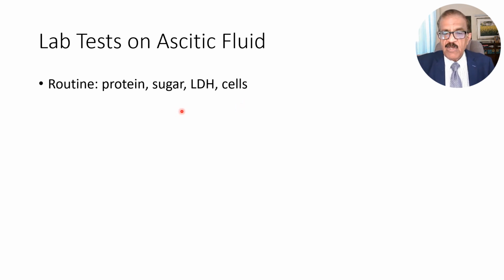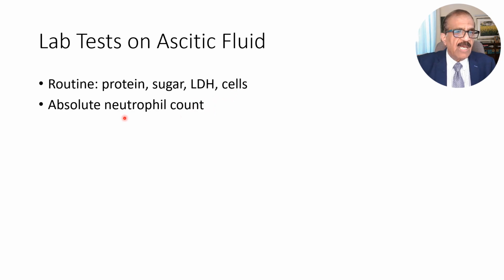In cases of spontaneous bacterial peritonitis, the cell count would be increased. Sugar will be reduced and protein will be increased. Absolute neutrophil count is a very simple way of diagnosing SBP. Just count the number of white cells. If they're more than 250 per cubic millimeter, then you suspect spontaneous bacterial peritonitis.